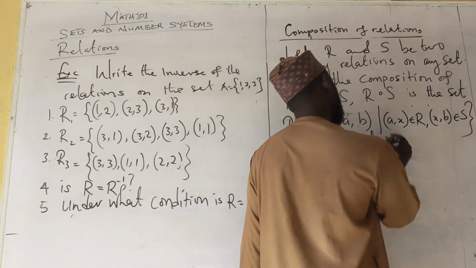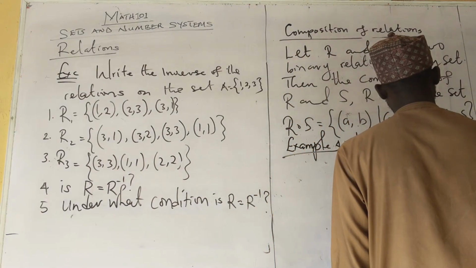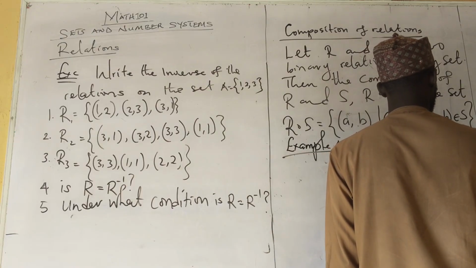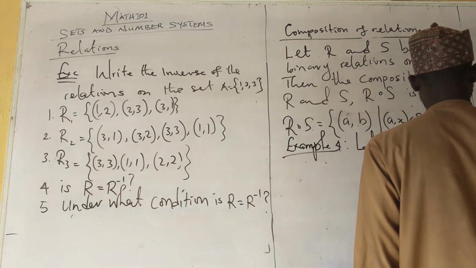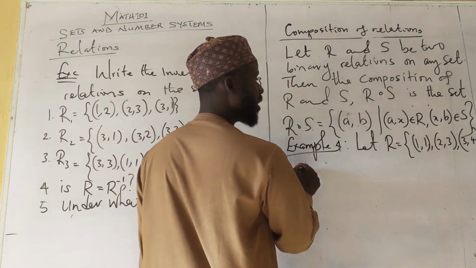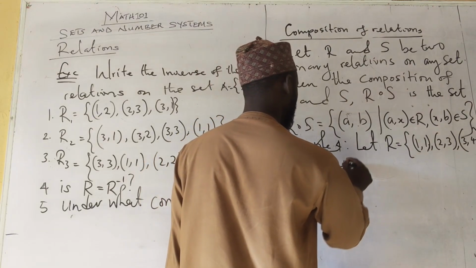So let R be equal to, say, (1, 1), (2, 3), and then (3, 4), and then (1, 2), (1, 3).